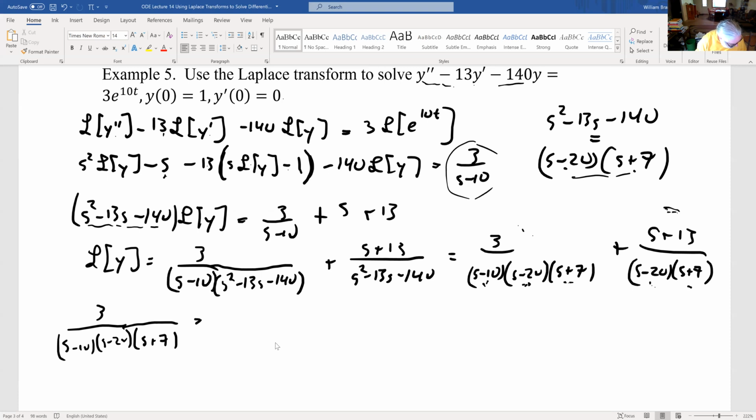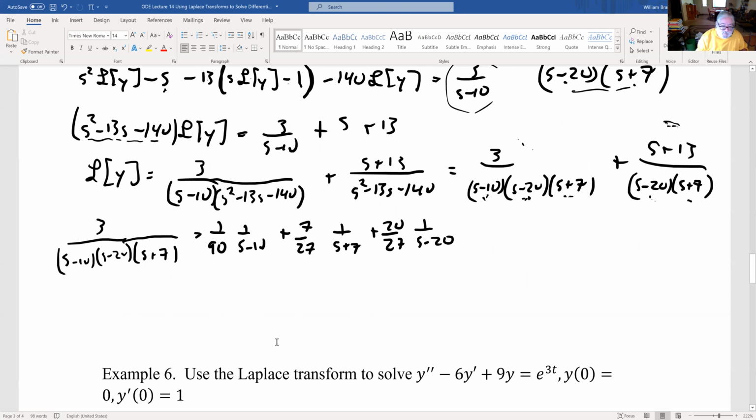And what do we get? Oh, I have this written down here somewhere. There we go. This is 1 over 90 times 1 over s minus 10, plus 7 over 27 times 1 over s plus 7, plus 20 over 27 times 1 over s minus 20, and (s plus 13) over (s minus 20)(s plus 7).